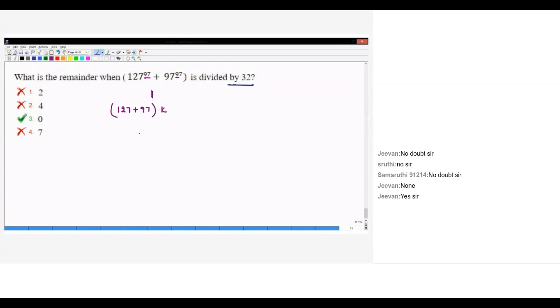So you can say 224k when divided by 32. 224 is, you can say, 32 sevens are. Therefore, the remainder is 0. The remainder is 0, then the entire number is also perfectly divisible by what? 32.